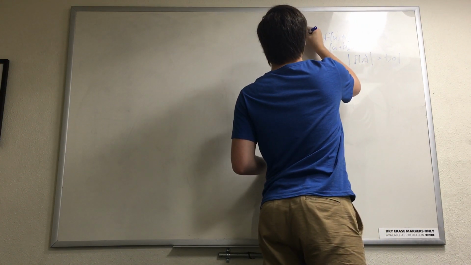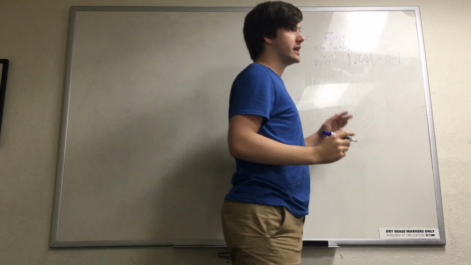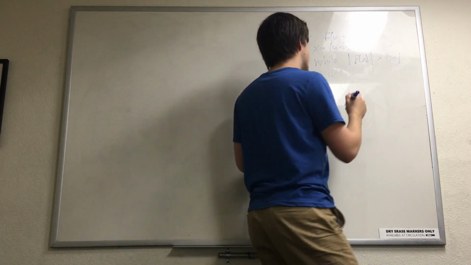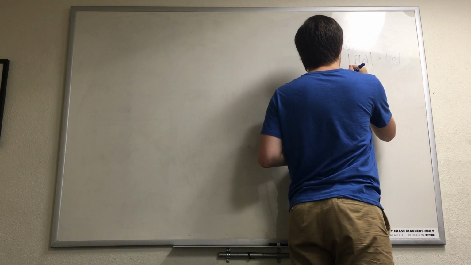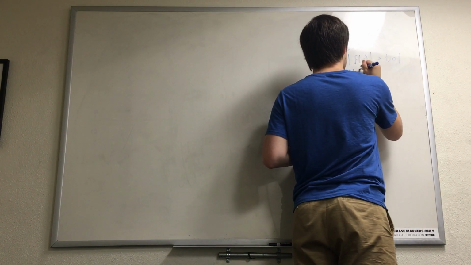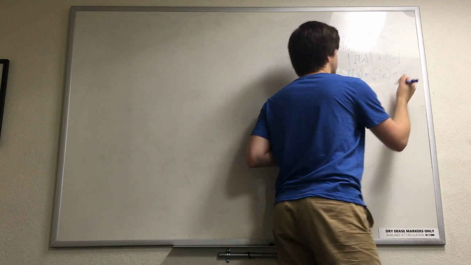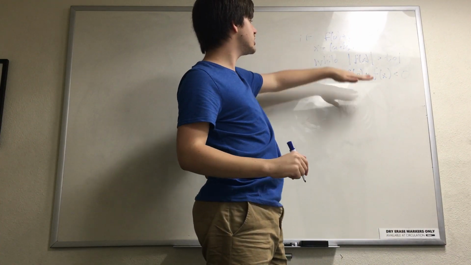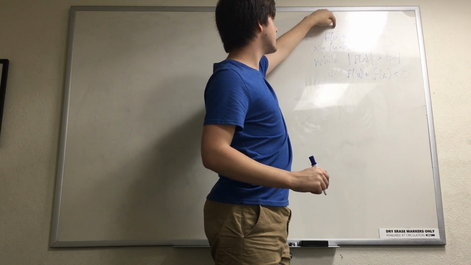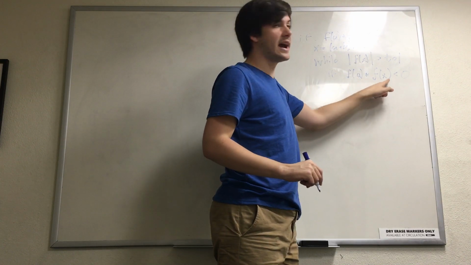This if statement would be further in than the while loop, like MATLAB would indent like this. And you would do if f of a times f of x is less than 0, which is the exact same sign change check, except instead of checking on the interval a to b, you're checking on the interval a to x.